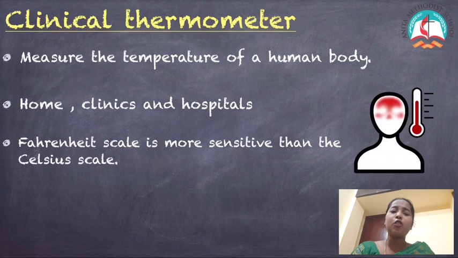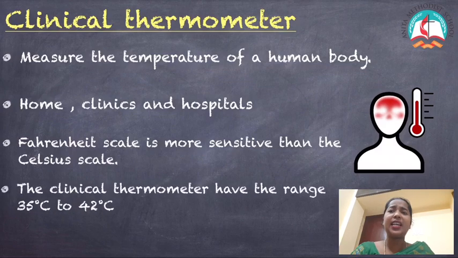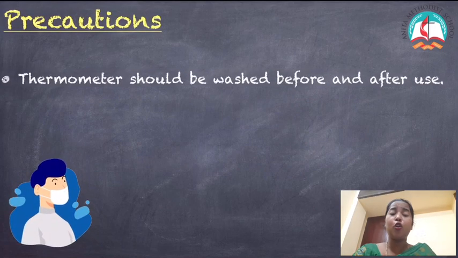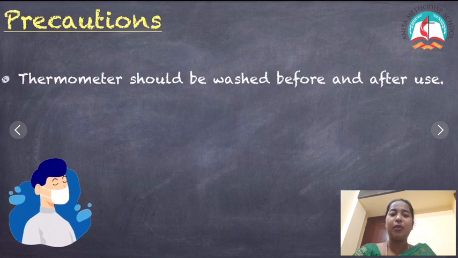The normal human body temperature is 37 degrees Celsius. So children, it can fluctuate between the ranges of 35 degrees Celsius to 42 degrees Celsius. Hence, the clinical thermometer has the range of 35 degrees Celsius to 42 degrees Celsius. Let's see some precautions to be followed while using a clinical thermometer.